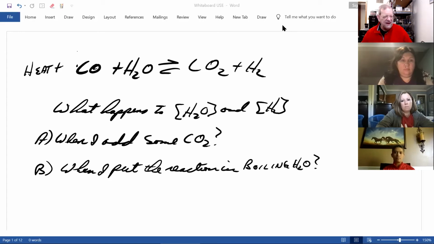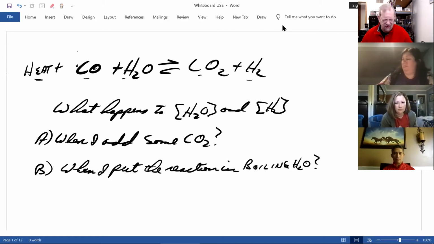Now, at equilibrium, there was a certain amount of heat, CO, water, CO2, hydrogen. When I add more CO2, the equilibrium says, oh no, we've got too much CO2. How do we get rid of it? The only way is CO2 reacts with hydrogen to make more water and more CO. Because when something reacts, it's consumed.